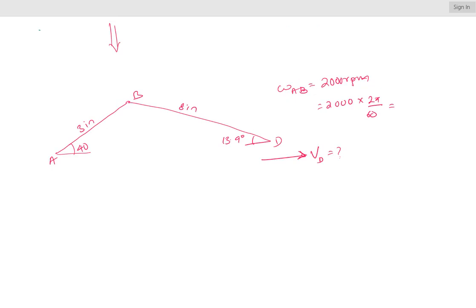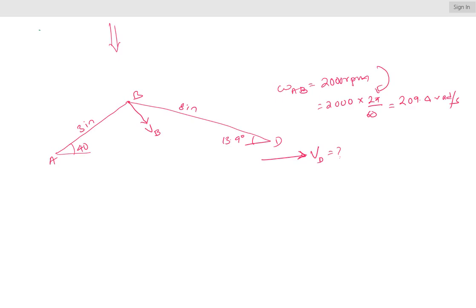So that comes to 209.4 radians per second. That's the angular velocity, and it's given that it's clockwise. Which means that VB is going to be in that direction.